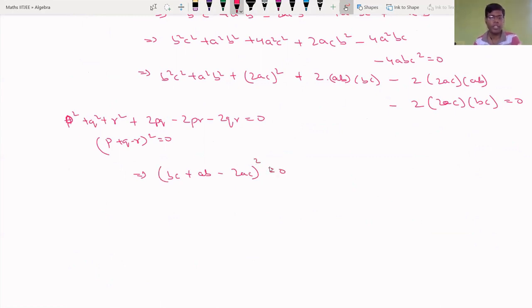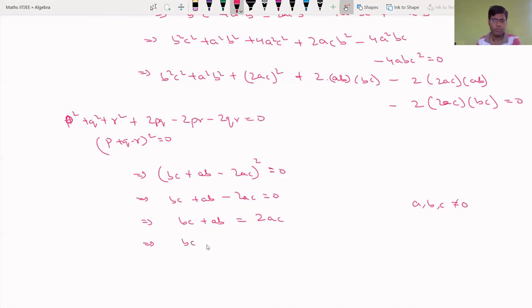When the whole square is equal to 0, that means bc plus ab minus 2ac is equal to 0. If I take this 2ac on the other side, I will get bc plus ab is equal to 2ac. Now, because my a, b, c are not equal to 0, I can divide both my RHS and LHS with abc.